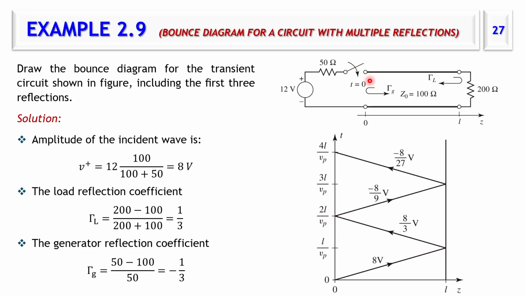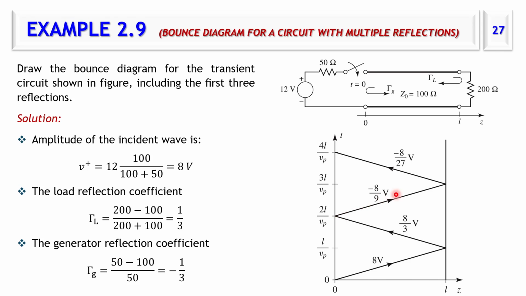So we'll have a backward wave of 8 over 3 traveling. It will reach the generator. At the generator, we will see another reflection coefficient, which equals 50 minus 100 divided by 150, so it's minus 1/3. So another forward propagating wave equals minus 8 over 3, which is the reflection coefficient at the generator, minus 1 over 3, multiplied by the wave incident on the generator.